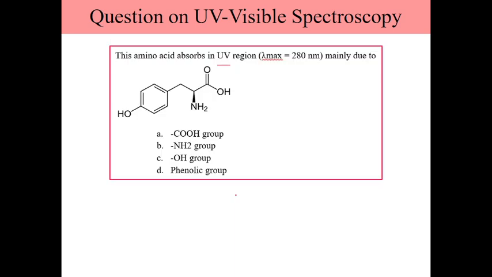Now questions on UV visible spectroscopy. The amino acids absorb in the UV region, lambda max is 280. This is the structure of the tyrosine amino acid, if you remember from our previous class, the week 2 class. Which region of tyrosine do you think is responsible for this absorption at 280 nanometers?